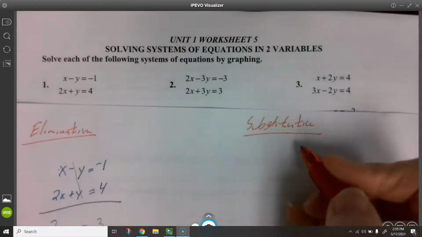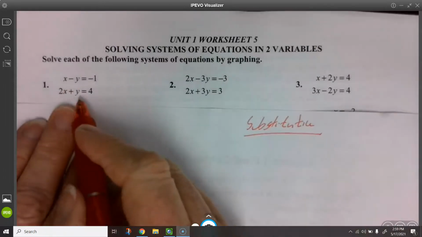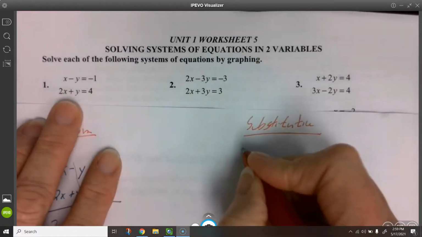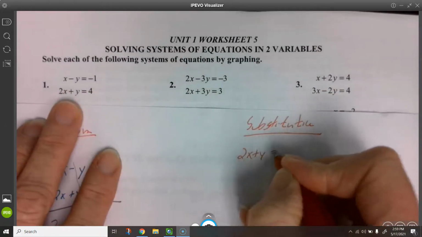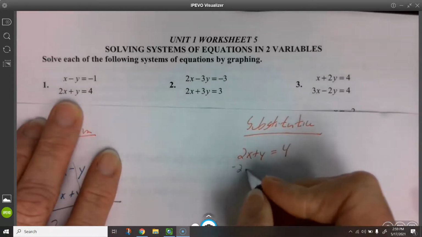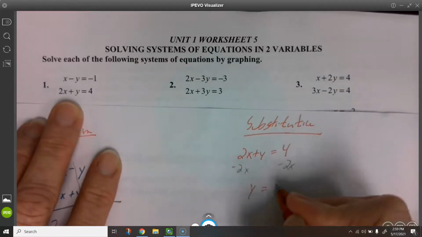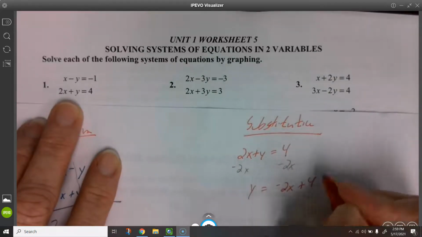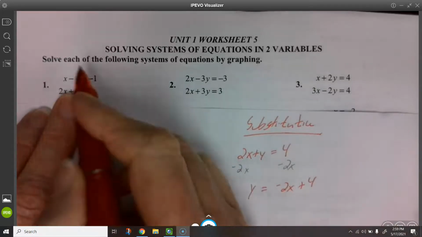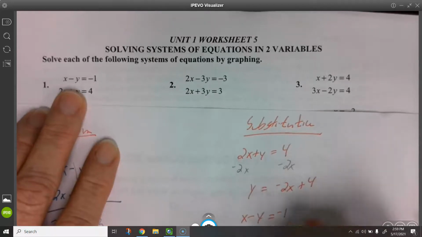Now substitution, we have to get one of the y's by itself. So I'm going to take the second equation, 2x plus y is equal to 4, and get that y value all by itself. So I get y is equal to negative 2x plus 4. Then I take this and plug it into the other equation, x minus y is equal to negative 1.